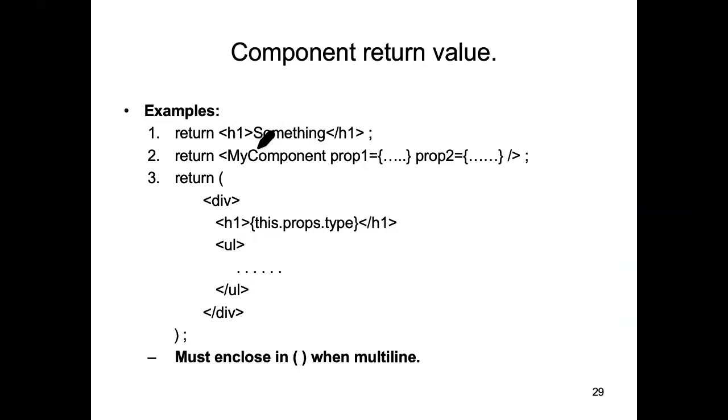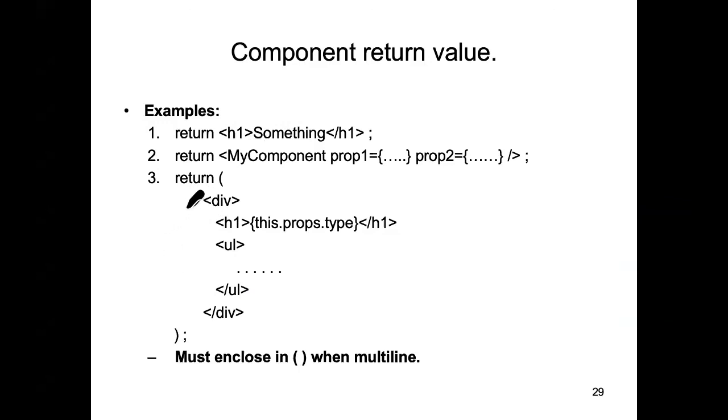This is fine as well. So it's possible that a component may return another component as part of its UI contribution. This is even more likely, where you've got a component returning a larger snippet, but this is still a single JSX snippet because I've wrapped it in a div.